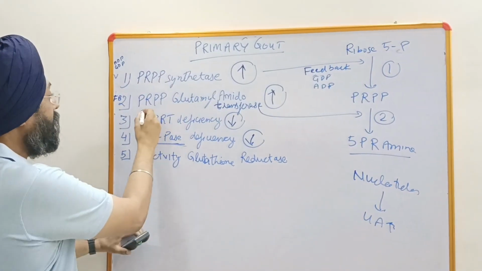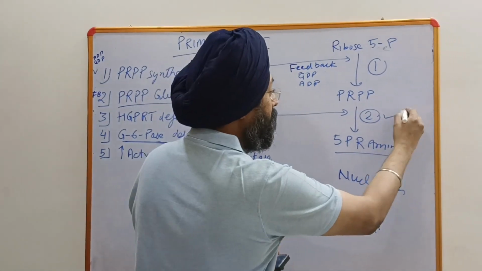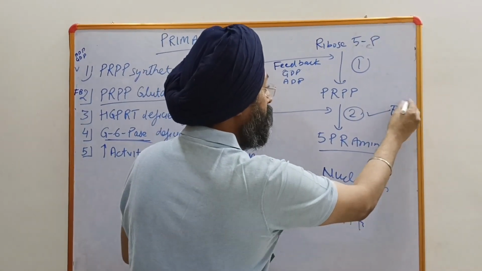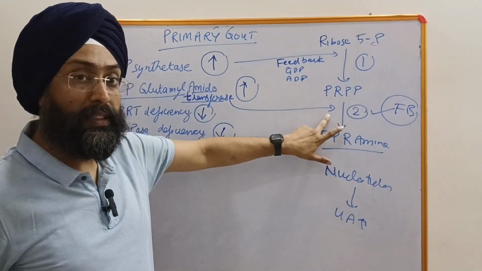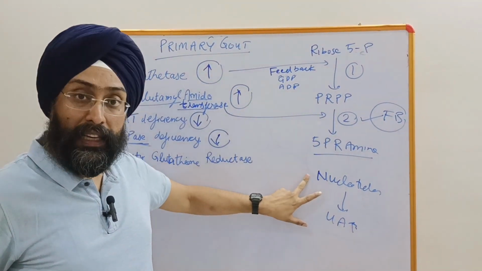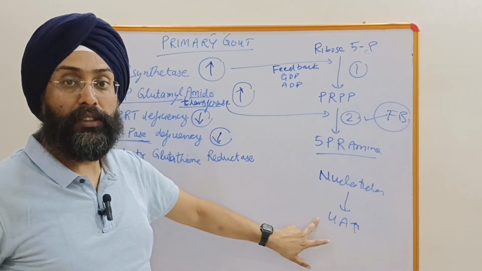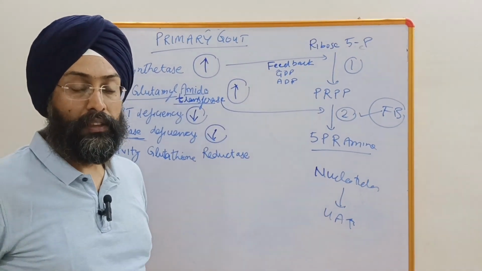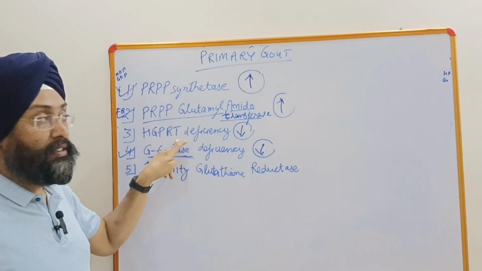Similarly, the second enzyme PRPP glutamyl amidotransferase is also under feedback control, but feedback control is not regulated due to increased levels, ultimately leading to increased synthesis of purine nucleotides and ultimately increased synthesis of uric acid, right?